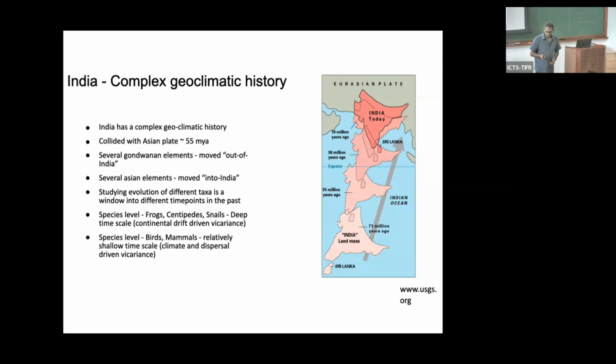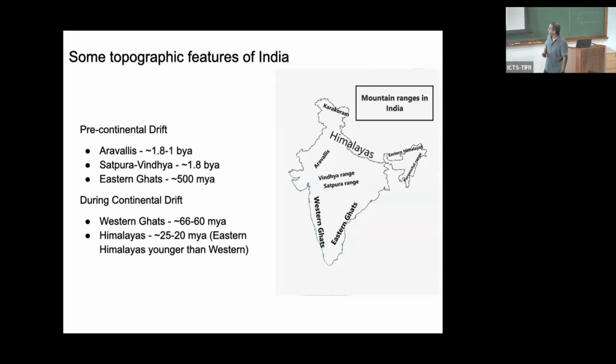Yeah. Okay. And then there are different topographic features in India, and you can see that some of these geographic features, these mountains, are really old. The Aravalis and Satpura and Eastern Ghats and all that.